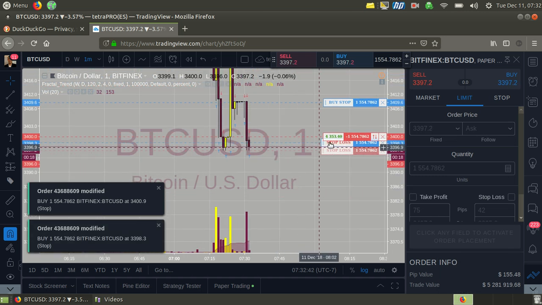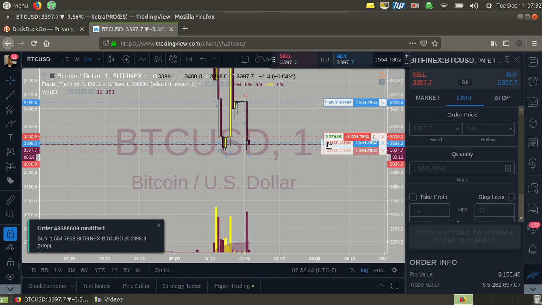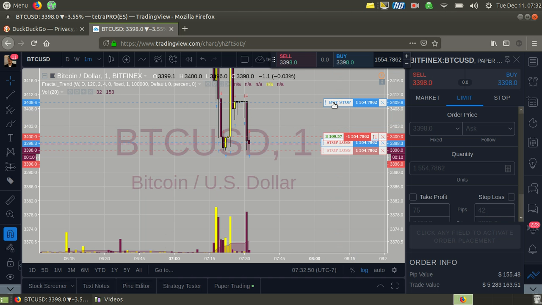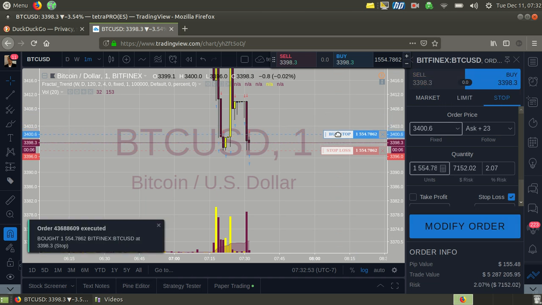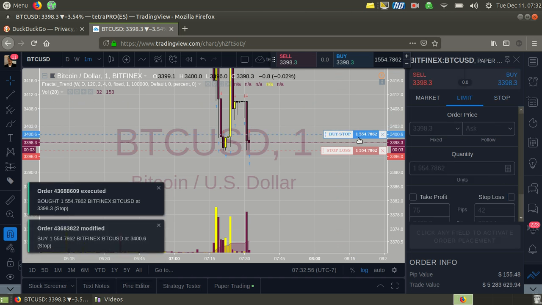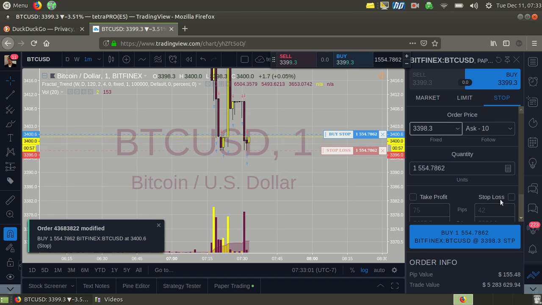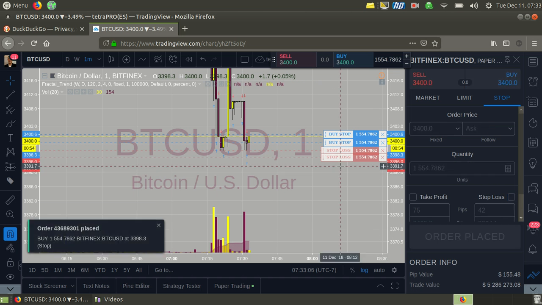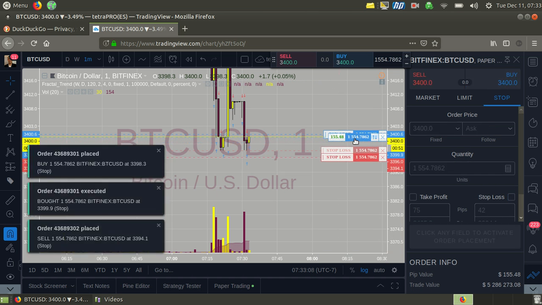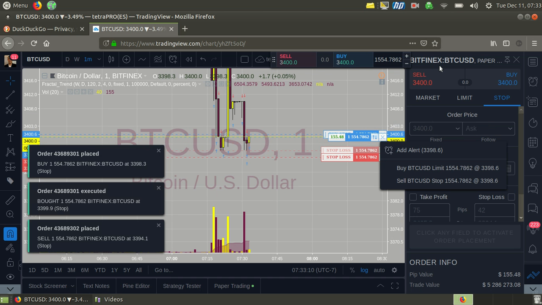Okay, where are we at? Sell. It was on buy.